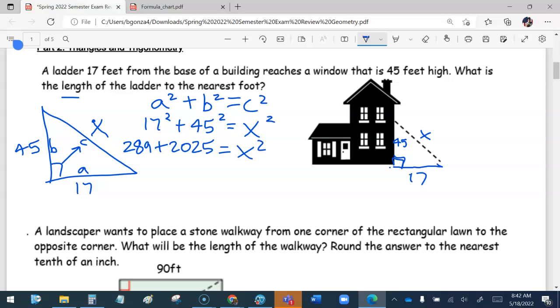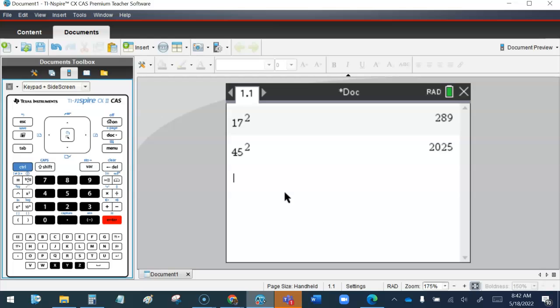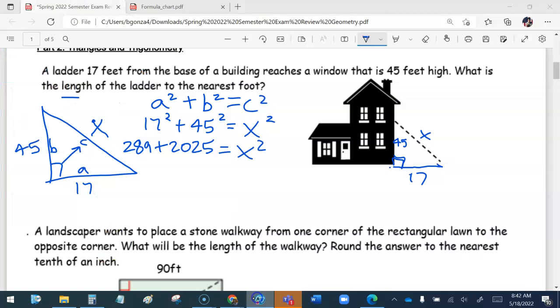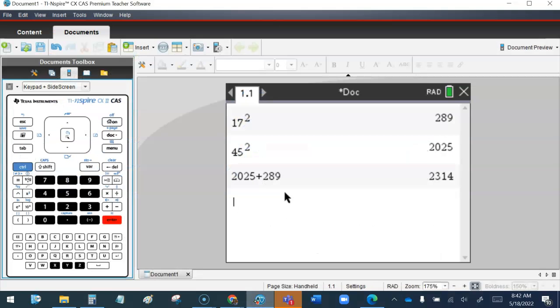If I add those together, I get 2,314. Now that's not my final answer. That's x squared. So my last step to get rid of a square is to square root. What is the square root of 2314?